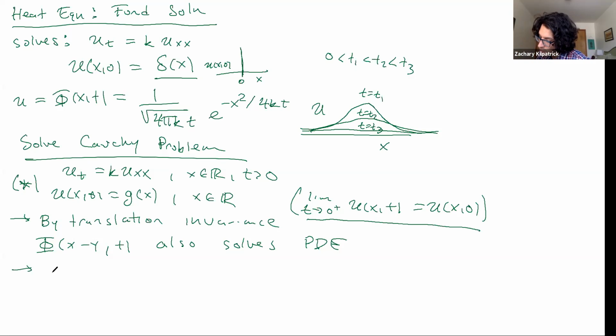Also, so is g of y, phi of x minus y, t, okay? Because g of y does not depend on x. So I can shift around and I can also scale up and down my function by g of y, and it should still be a solution.